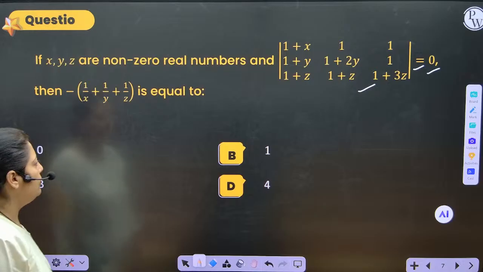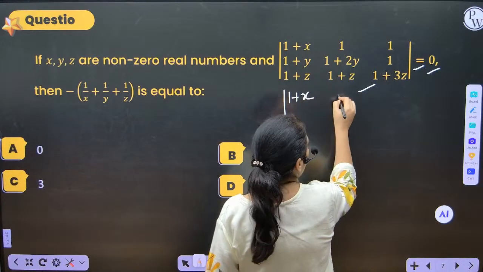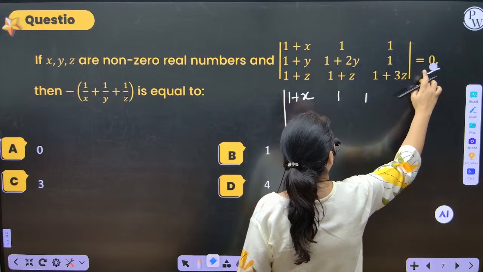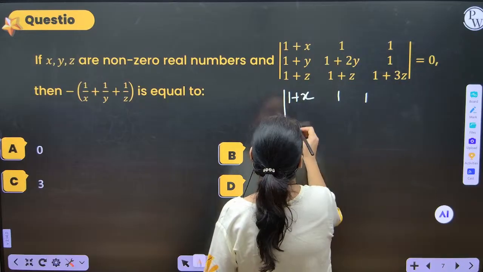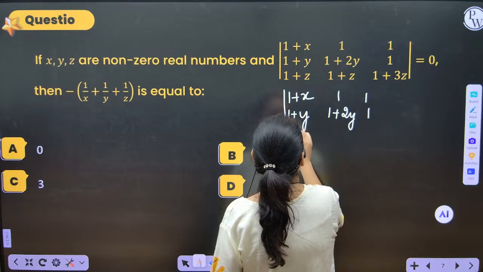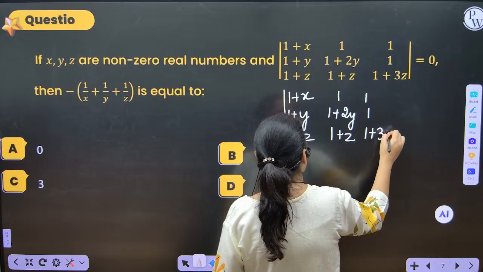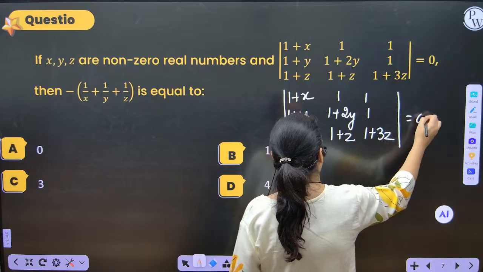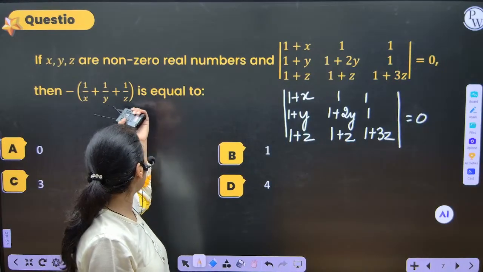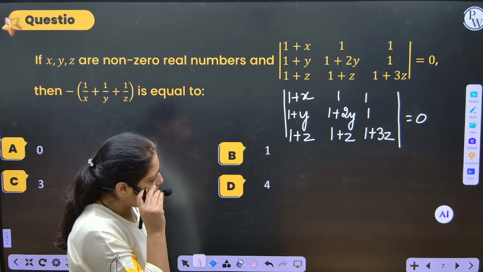What is the question? 1 plus x, 1, 1; 1 plus y, 1 plus 2y, 1; 1 plus z, 1 plus z, 1 plus 3z. It is already given that this is equal to 0. We have to find the value of 1 by x plus 1 by y plus 1 by z.